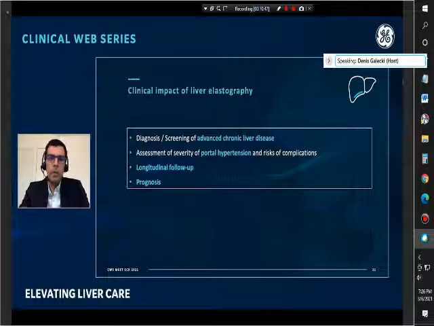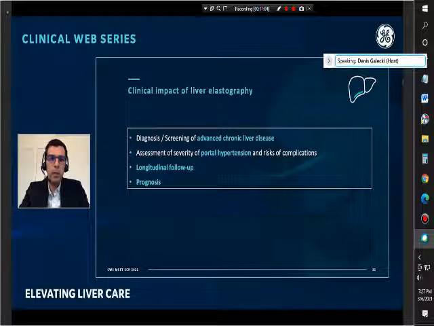So if it's not the point, what are the clinical applications of liver stiffness? Liver stiffness is a comprehensive and independent parameter that has many other applications.